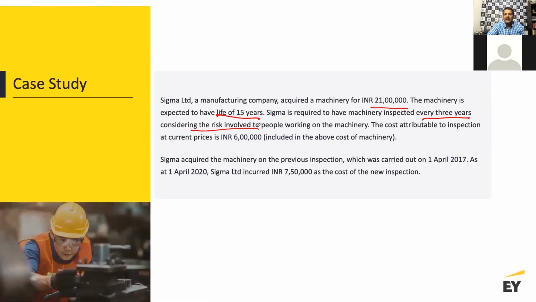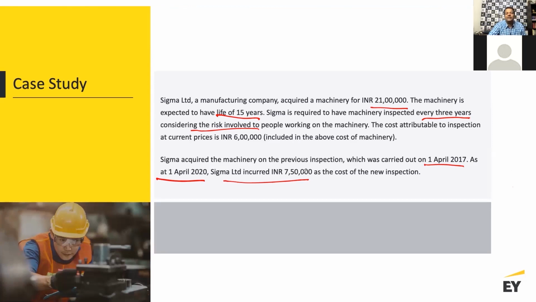Now the question we need to deal with: you acquired the machinery on the previous inspection, which was carried out on 1st April 2017. Now we are as at 1st April 2020. When you actually did the inspection, you incurred a cost of 7,50,000 as the cost of the new inspection.